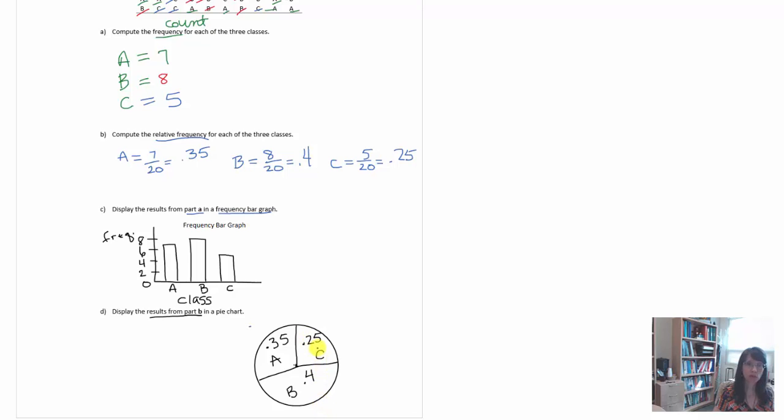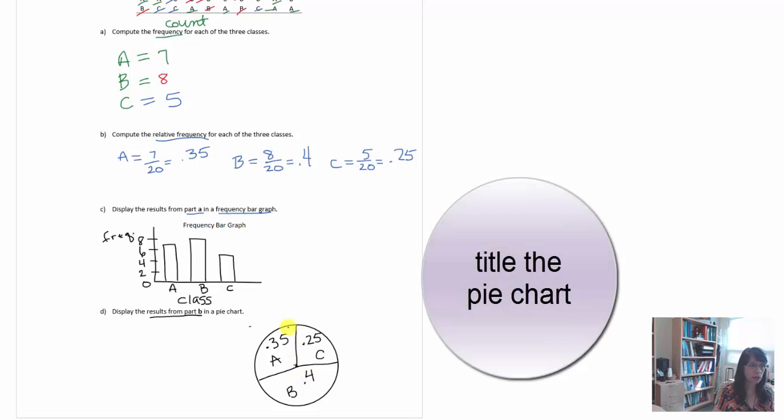And we notice 0.25 is the narrowest wedge and it is the smallest relative frequency. 0.4 is the largest wedge and also the largest relative frequency. So make sure that you're keeping in mind how wide or narrow to make your wedges. It should be in accordance with the relative frequency that you calculate.